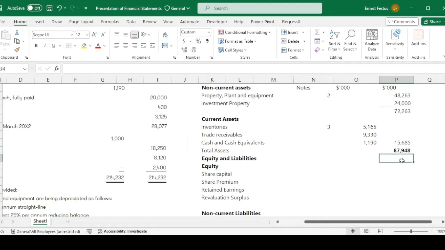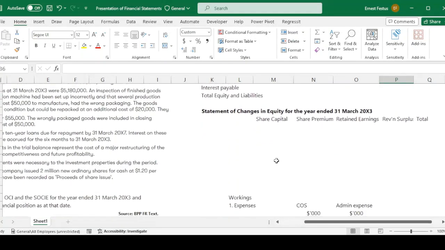I'll come here, and we have our share capital. Now, to be able to complete the equity portion, you should have prepared your statement of changes in equity. So quickly, let's go and prepare our statement of changes in equity. For the changes in equity, we are going to start with the balance brought down figures. So I have my balance brought down, balance BD, and for my share capital, it is 20,000.